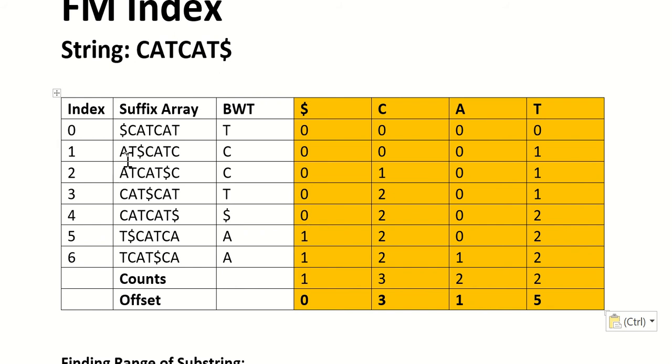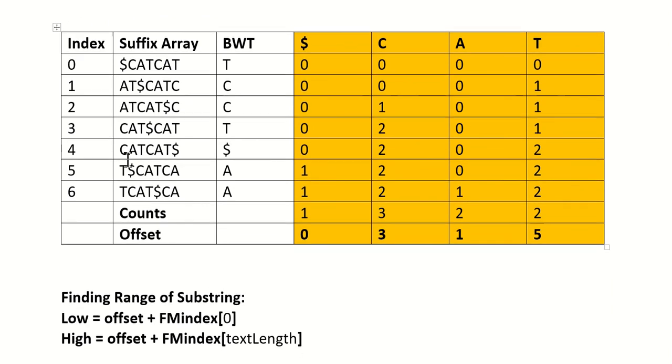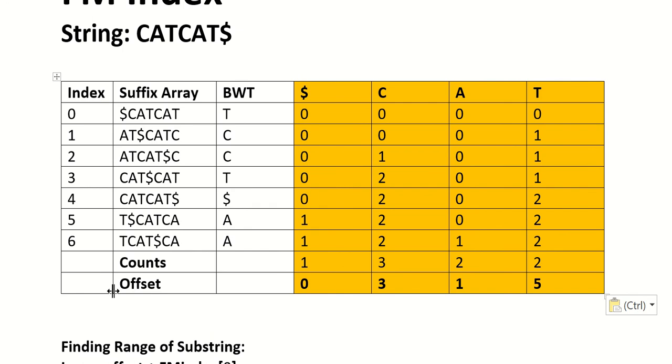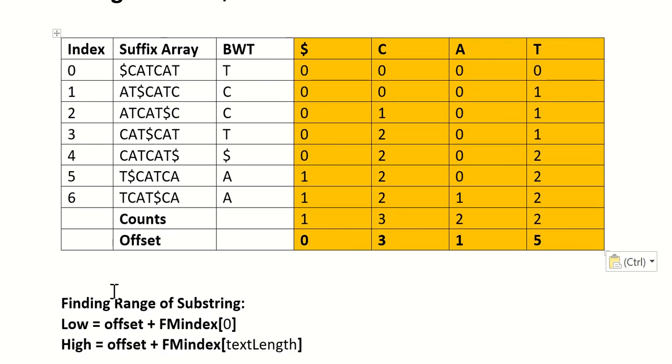But you might want to know what the range in the suffix array is. So you can find that range using the high and low calculated by the FM index. So the low would be 1 in this case, and the high would be at the end, which would actually be 3, but that just expresses that the range is 1 and 2.